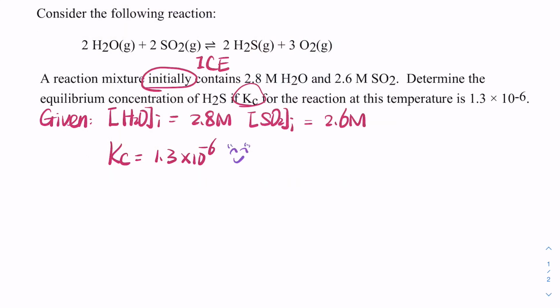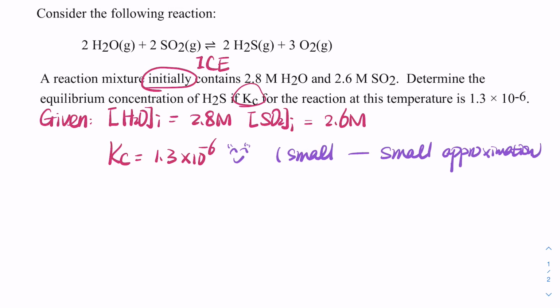Why? Because this equilibrium constant is small, which tells us we could use the small approximation. This is just a mathematical method that will help you reduce the difficulty of the calculation.